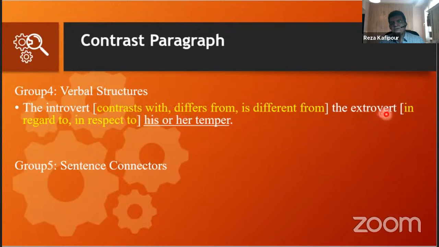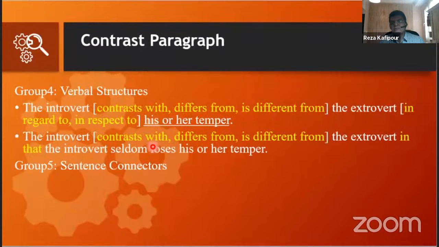The verb can be used with in regard to or in respect to, after which we need a phrase, or the verb can be used with in that, after which we need a full sentence or independent clause. The introvert contrasts with the extrovert in respect to his or her temper, or in regard to his or her temper. One structure or the same idea can be rewritten by this structure.